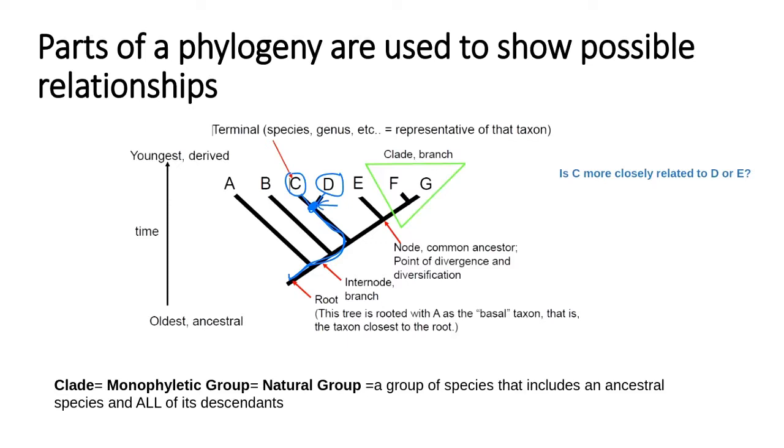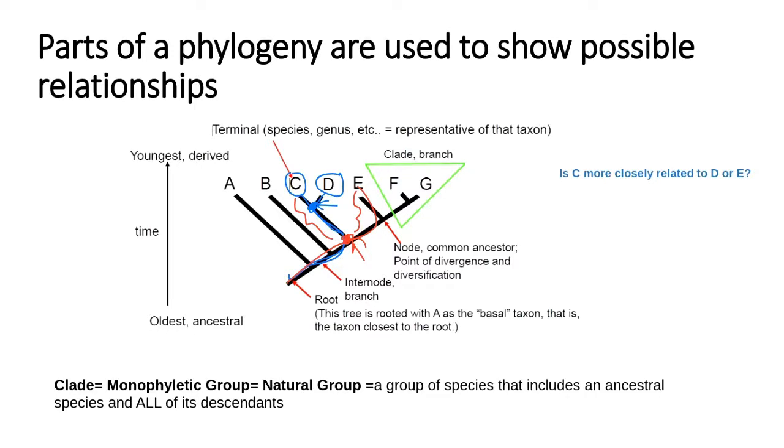Now, if I travel to the root from E, the first ancestor which is common between C and E is going to be here. This is the first ancestor. And look how much I had to travel. This is a very long distance. This distance is much longer than the distance I need to travel to get to the common ancestor from C and D. That tells me that C is more closely related to D than to E.